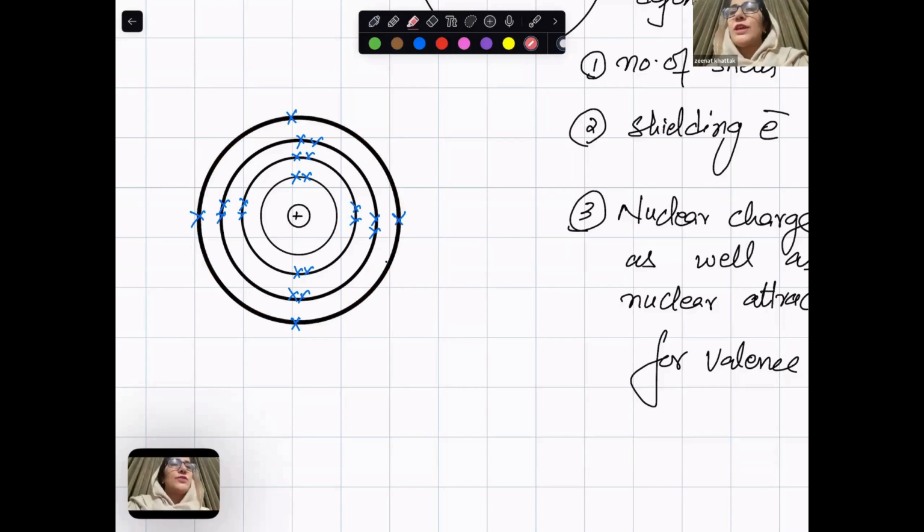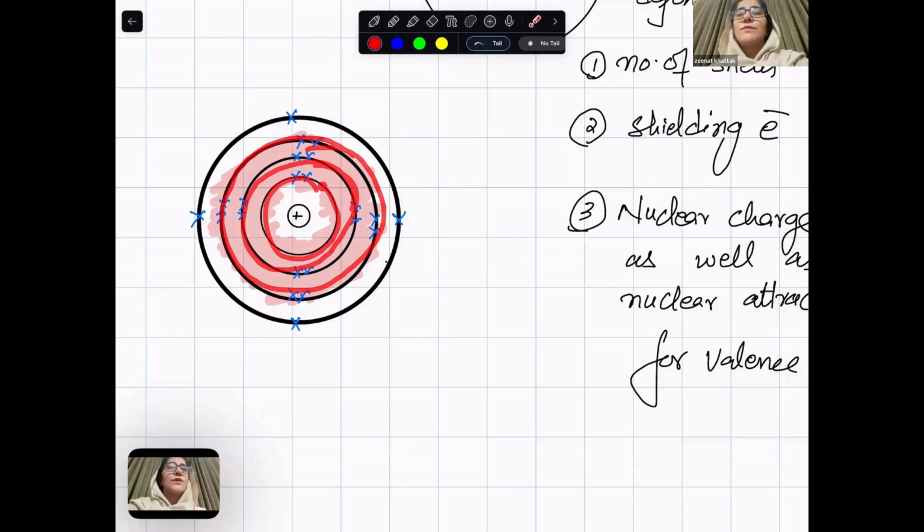And these are the in-between. These are called what? The electrons between the nucleus and the outermost.